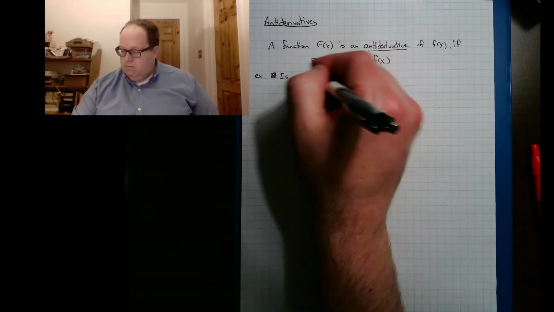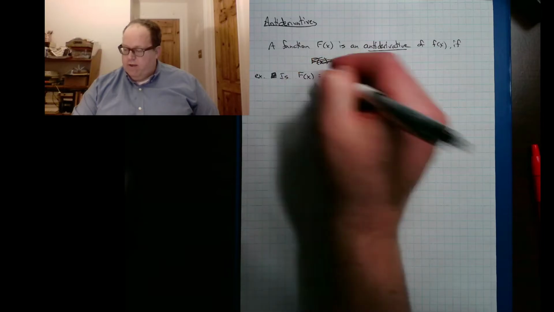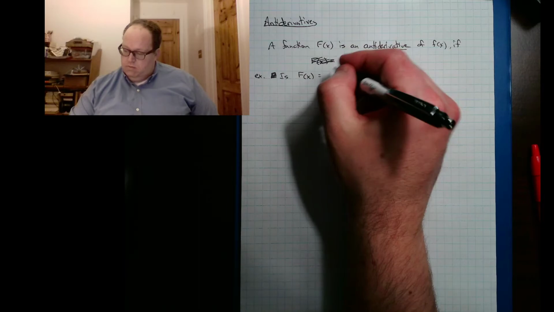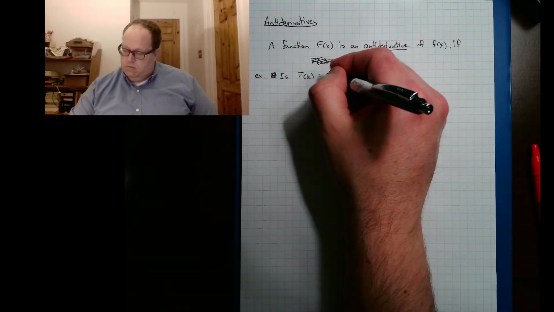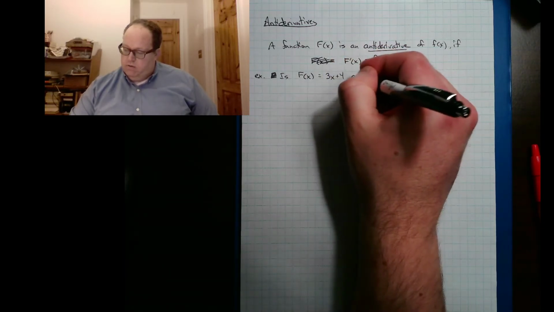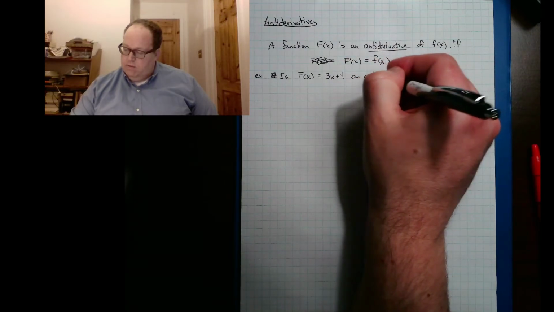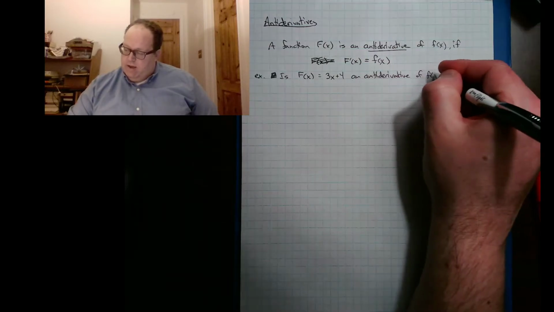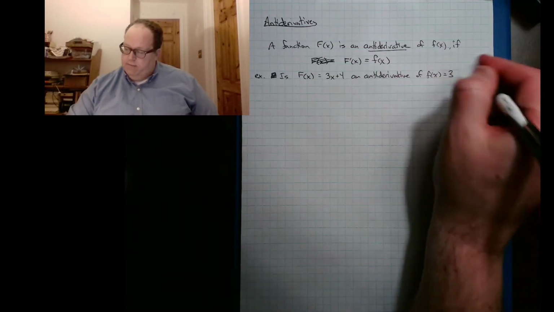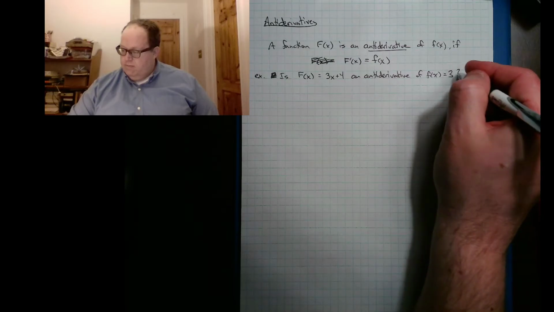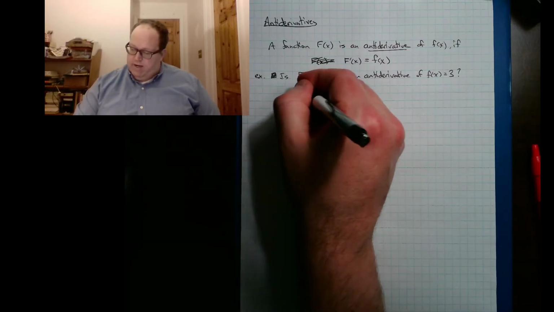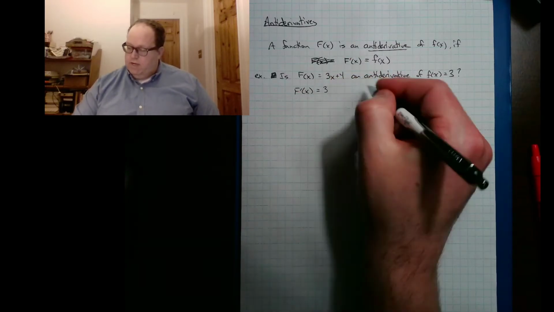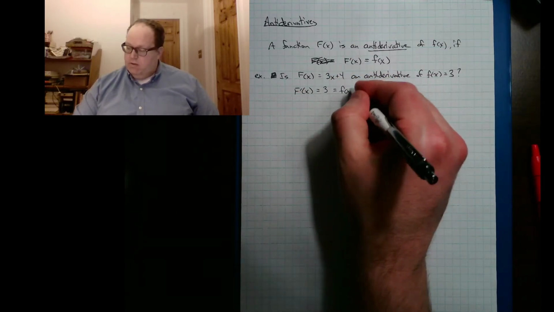Is F of x equals 3x plus 4 an antiderivative of f of x equals 3? Quickest way to find out is I take the derivative of this, which is equal to 3, which equals f of x.